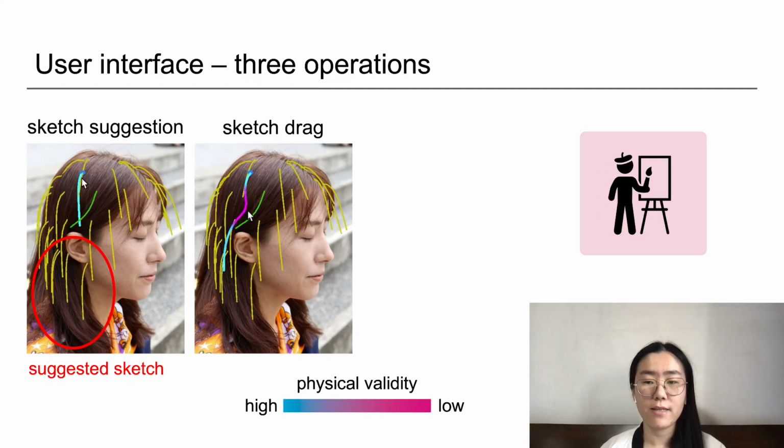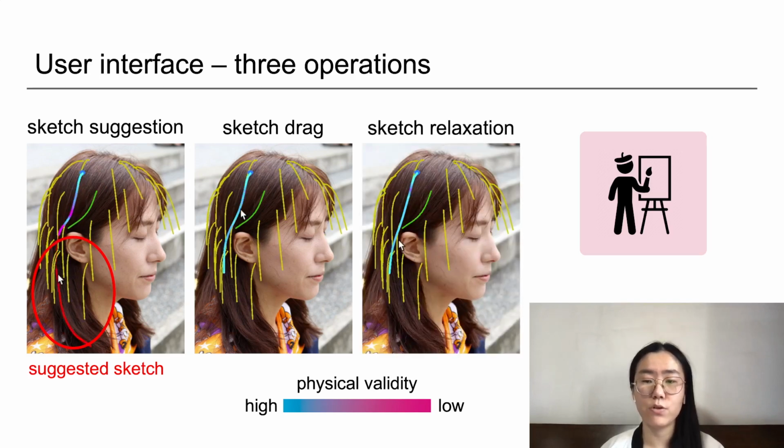During dragging, the editing hair strand may appear in different colors representing physical validity. From pink to blue, hair becomes more and more physically plausible. To make hair look physically reasonable, users can press the middle scroll button to use sketch relaxation, which would decrease the physically unreal part of the current hair strand.